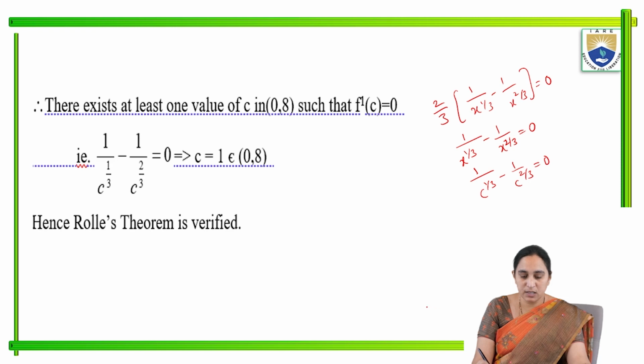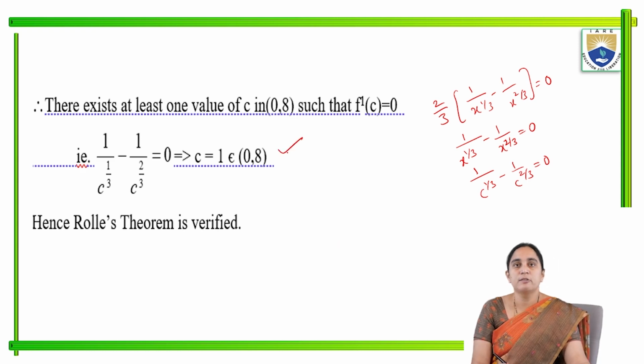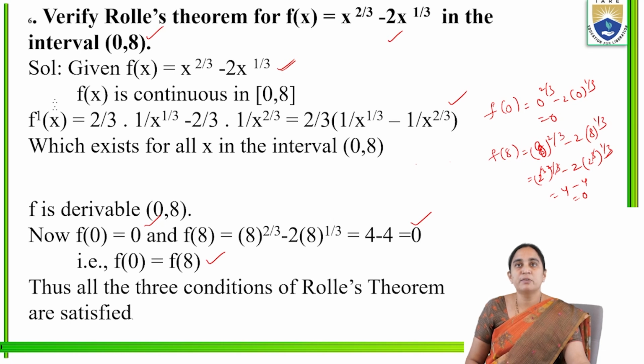After simplifying, the c value is equal to 1. Once observe here, 1 is in between 0 and 8. Therefore, Rolle's theorem is satisfied for the given function x power 2 by 3 minus 2x power 1 by 3.